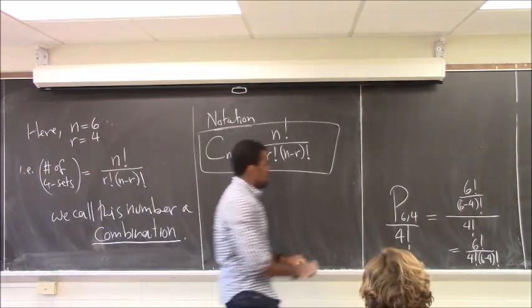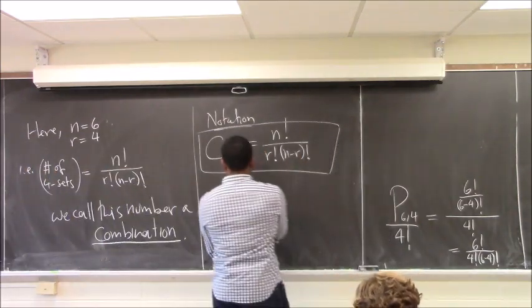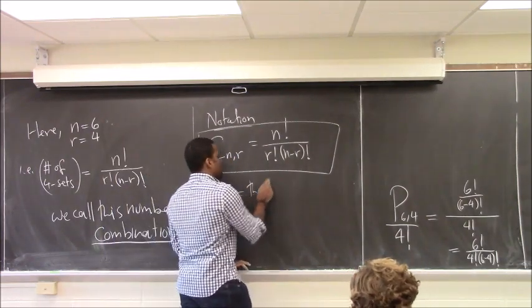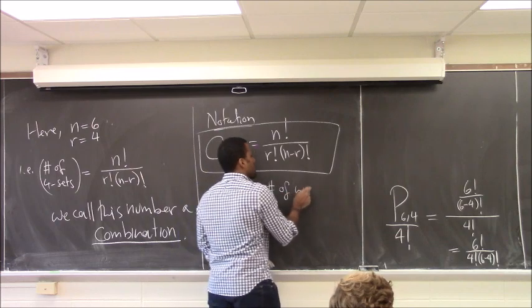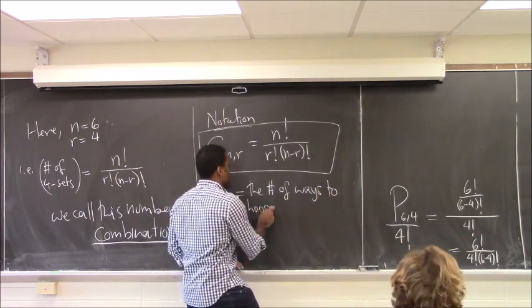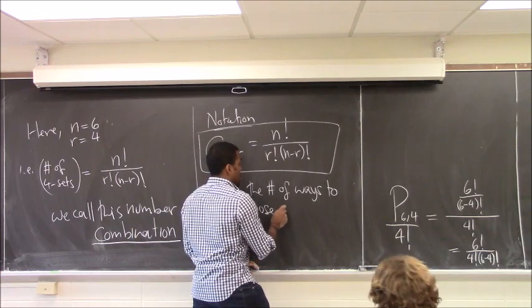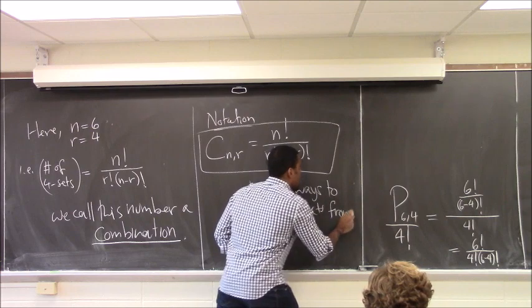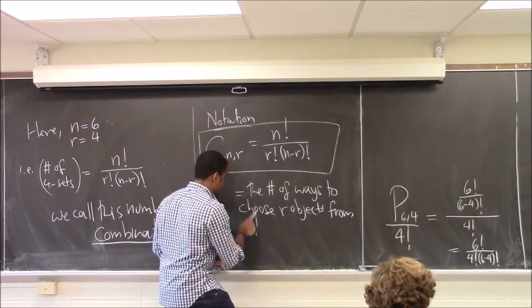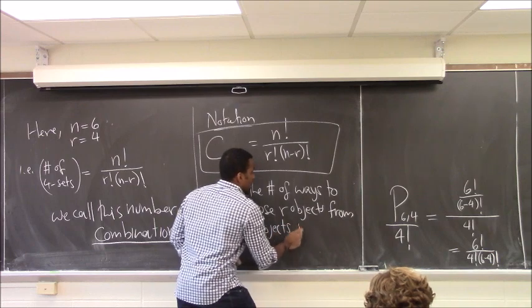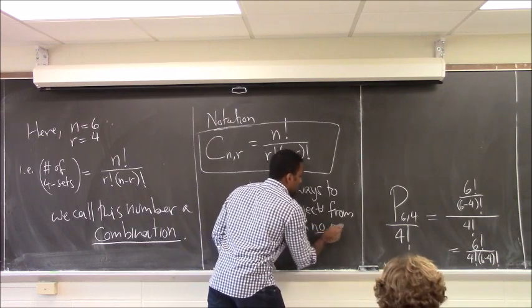Now at this point, what I want you to realize is that this is the number of ways to choose r objects from n objects in no particular order.